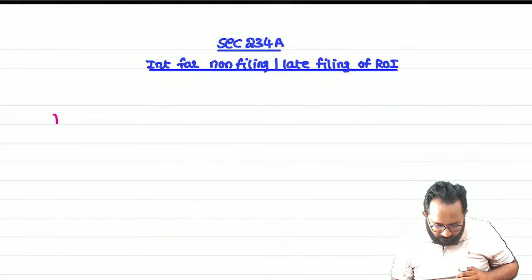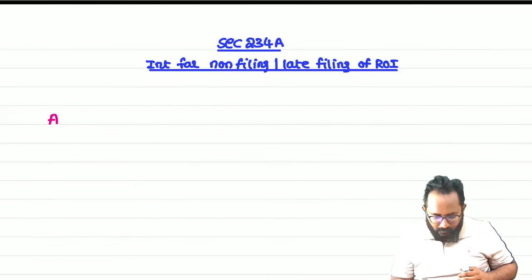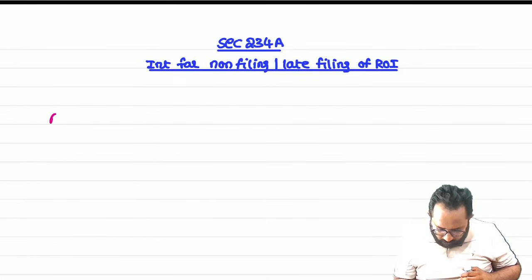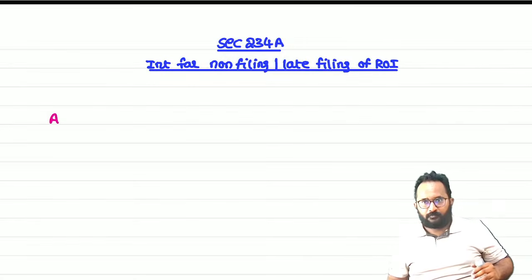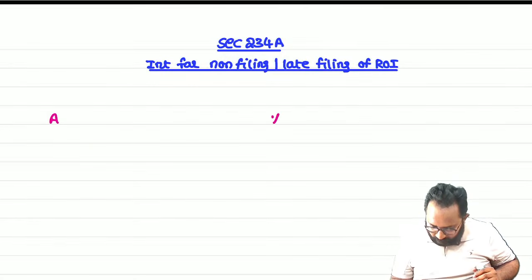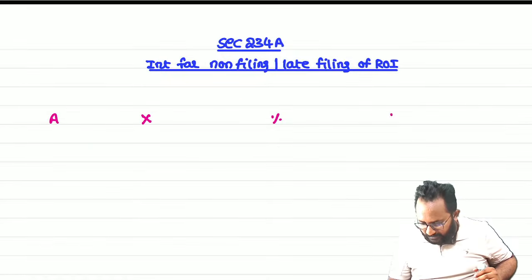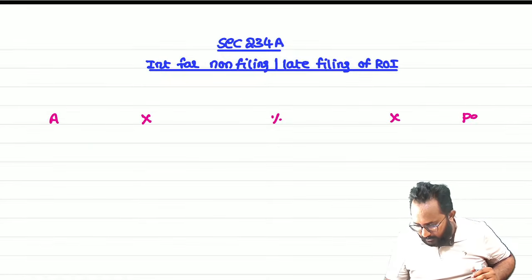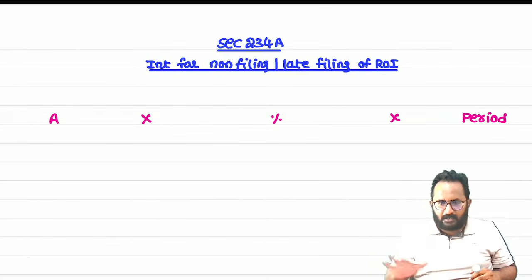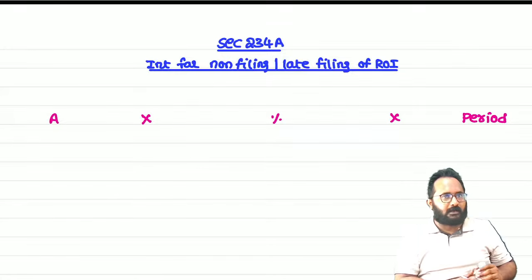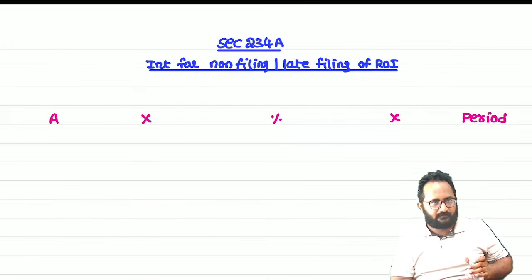Three variables: amount, into rate of interest, and then we multiply with the period. Remember, if you know these three variables, we can easily compute the interest.